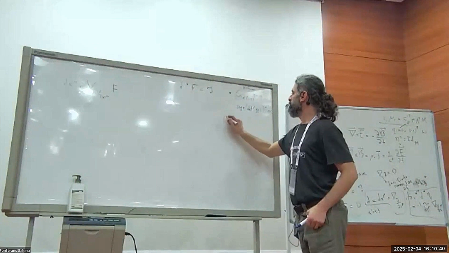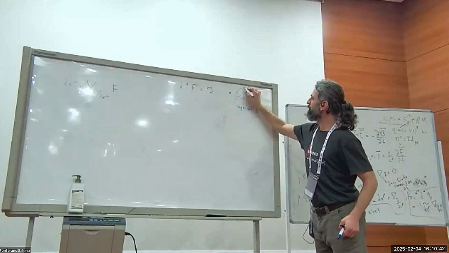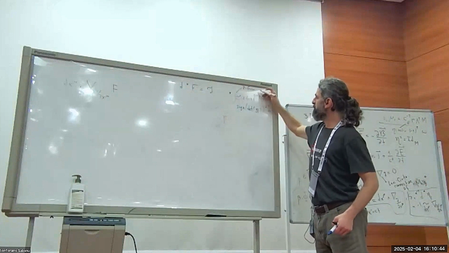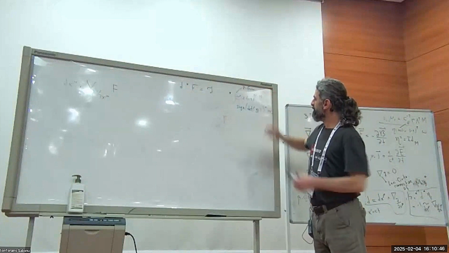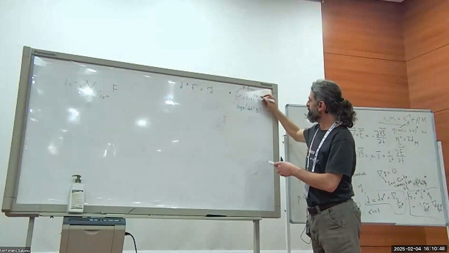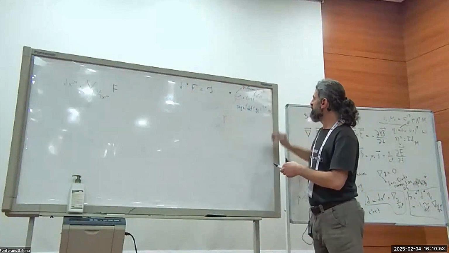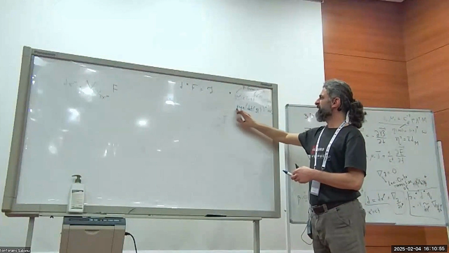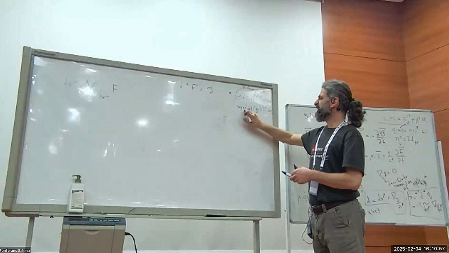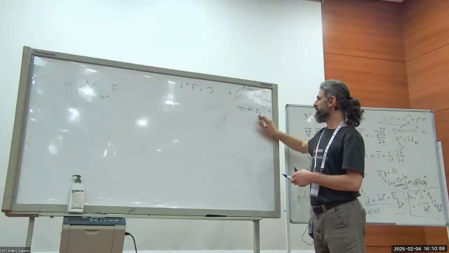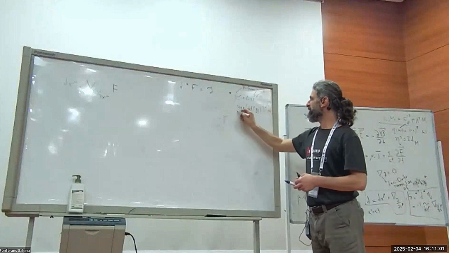It's a 2 form, so P is 2. N is 4. And we know that the sign of the determinant is minus 1.